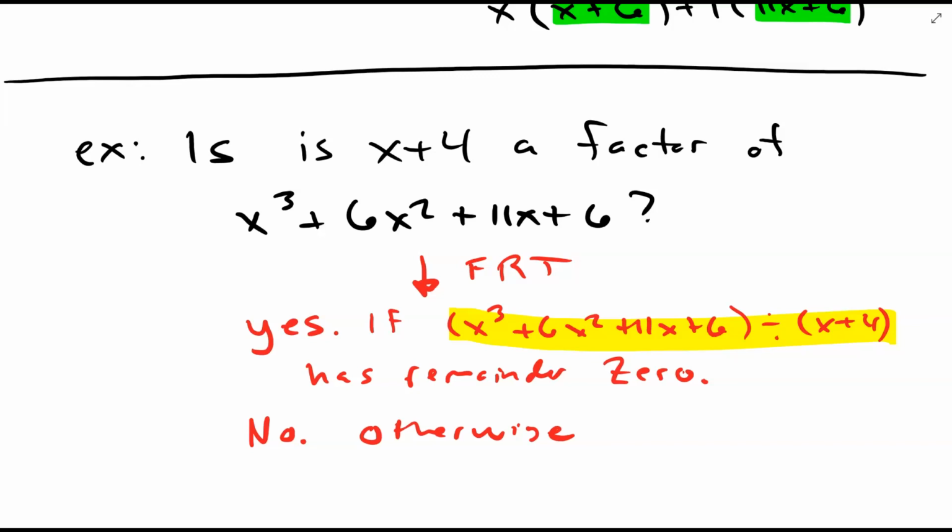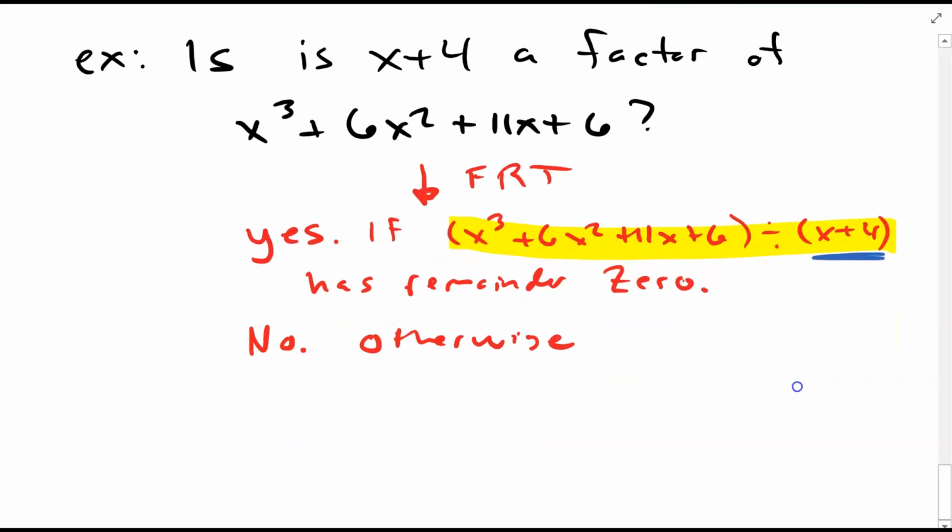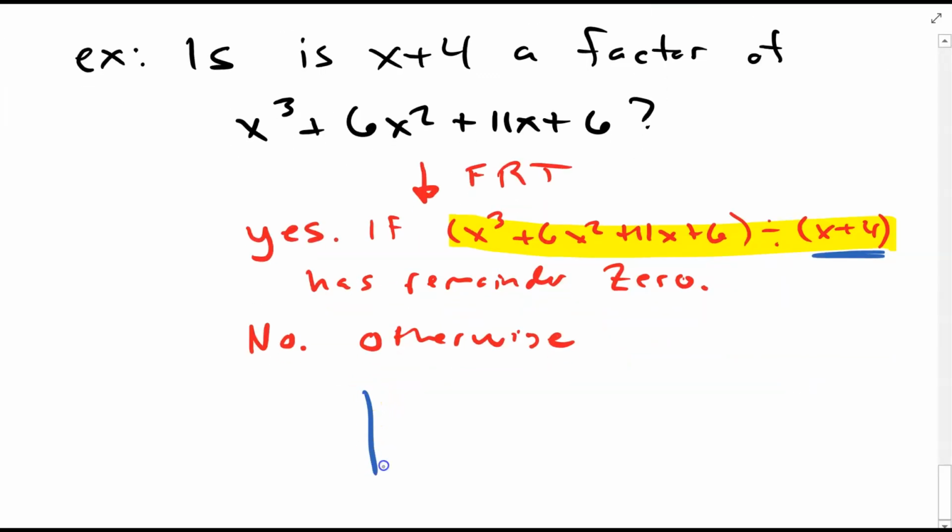Synthetic division is faster, but I can't always use the synthetic division, right? What do I have to have in order to do the synthetic division? The divisor has to have degree 1, which it has, and leading coefficient of 1, which it also has. So synthetic division seems the appropriate choice here.